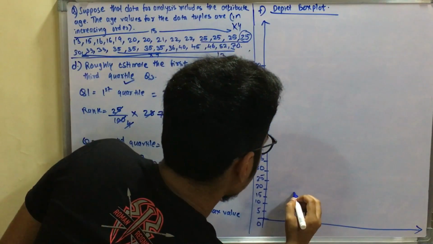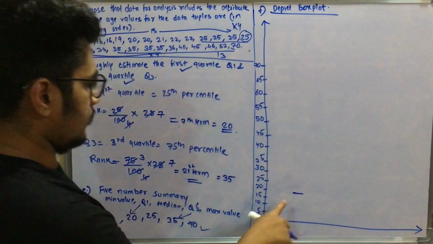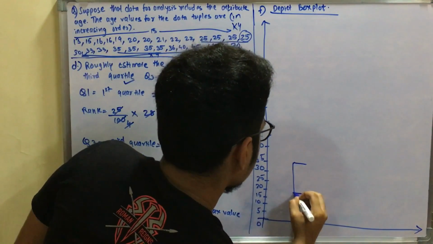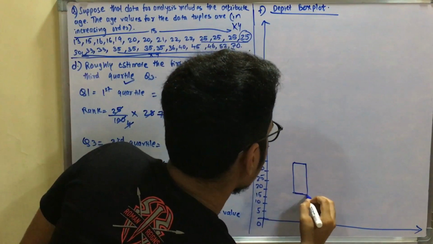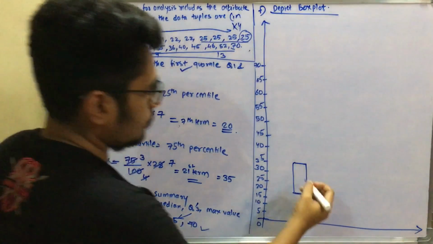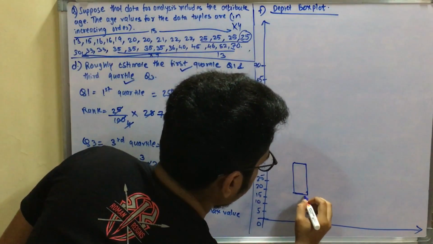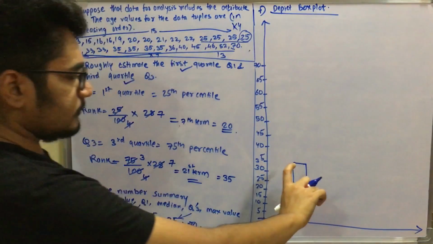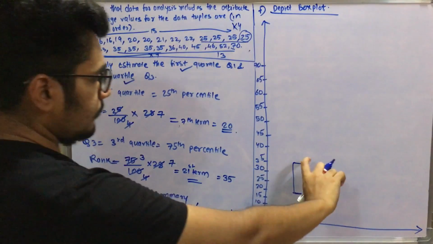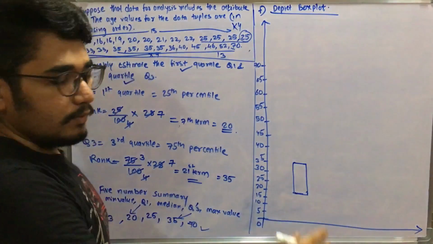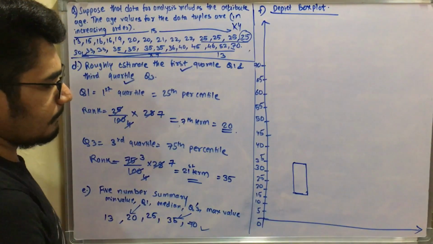So you have your box starting from this position, that is 20, and it extends till this. So roughly this will be your box. You can draw with a scale and pencil, so you might not get a distorted structure. So this is our box. This is the interquartile range. When you subtract 35 minus 20, you get the interquartile range as 15.